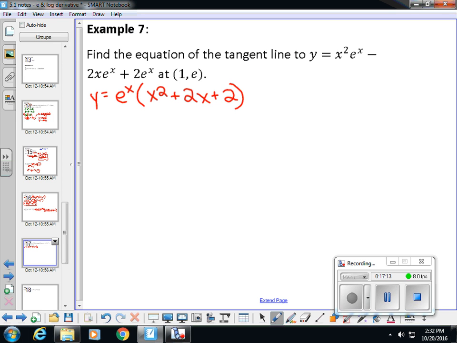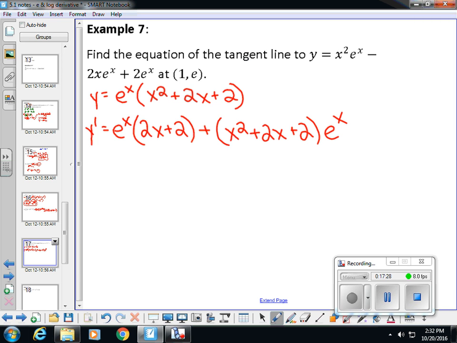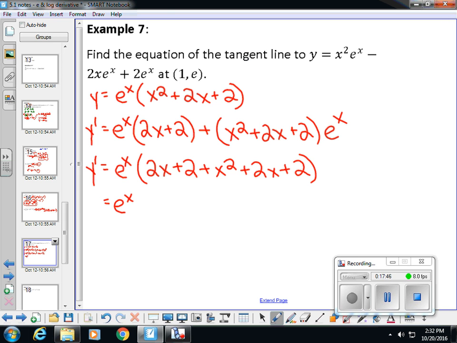So I'm going to do the first times the derivative of the second plus the second times the derivative of the first. And then if you notice again, these two terms both have an e to the x, so why don't I factor that out? So I have e to the x times 2x plus 2 plus x squared plus 2x plus 2, which gives me e to the x squared.